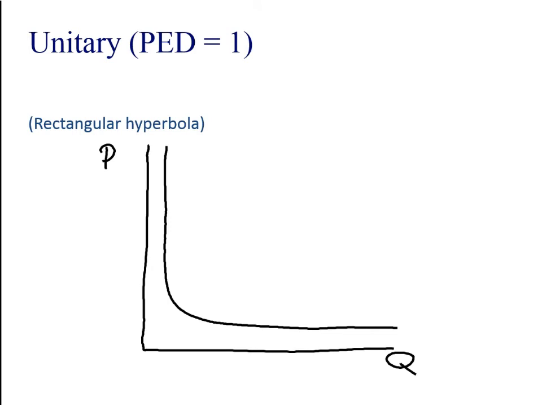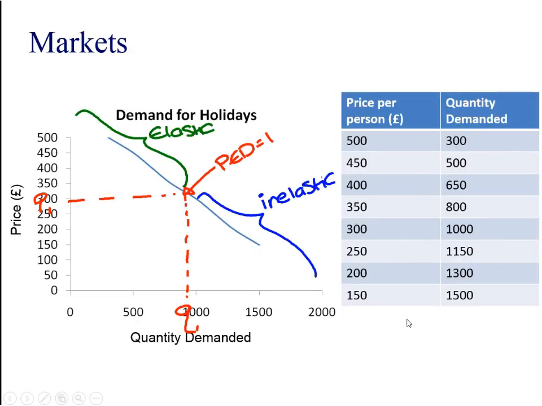Okay, and this is not on your exam, but just for general knowledge, this is what PED equals 1 all along the line would look like. This kind of funny shape here. Okay, so actually, this is just a diagram from a presentation on demand, looking at the demand for holidays, I think, to Benidorm.